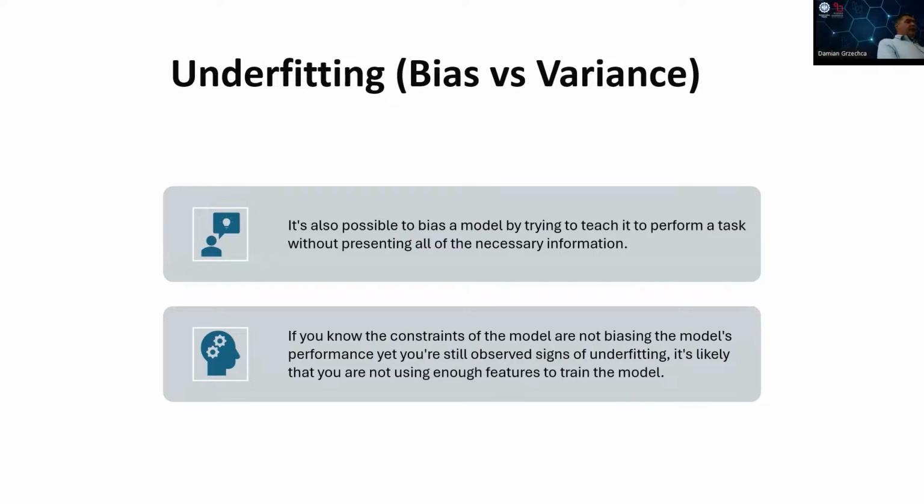If we know that the constraints of the model are not biasing the model's performance, yet we still observe signs of underfitting, it's likely that we are not using enough features to train the model.